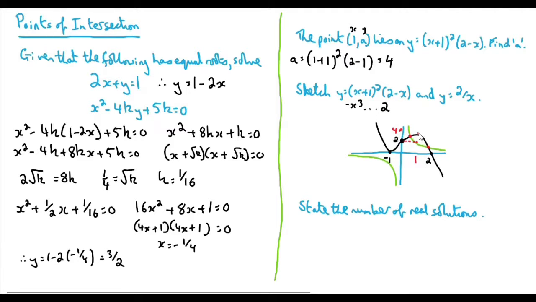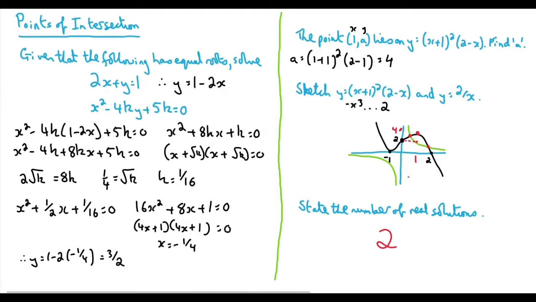Therefore, the cubic graph is higher than the reciprocal graph at that given point. Obviously not always. Therefore, we know we must have this crossing over indeed at those points. Therefore, that just confirmed to us how to state the number of real solutions to those 2 equations, how many points of intersection, that is going to be those 2.